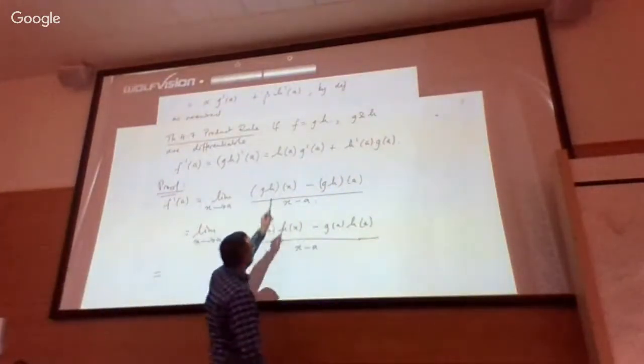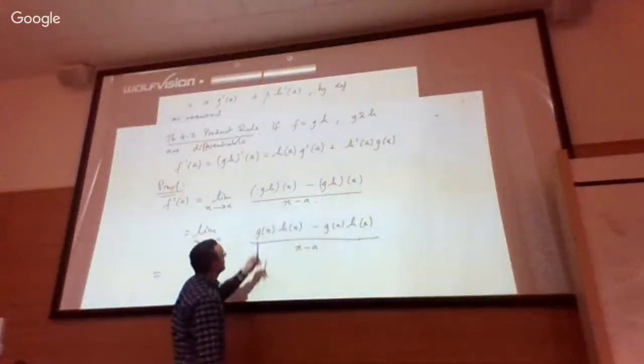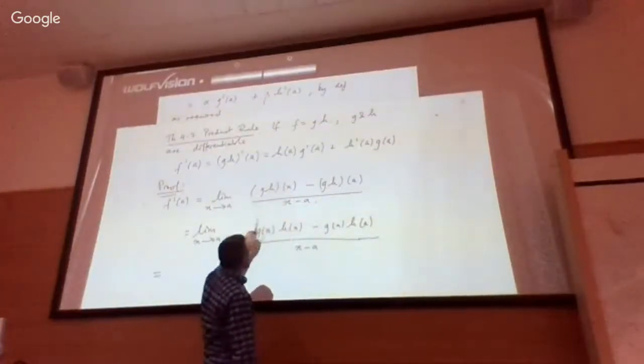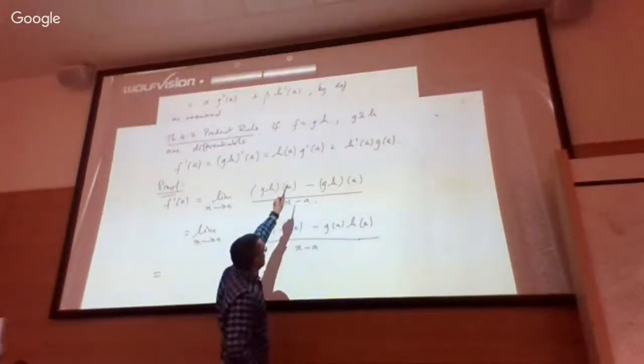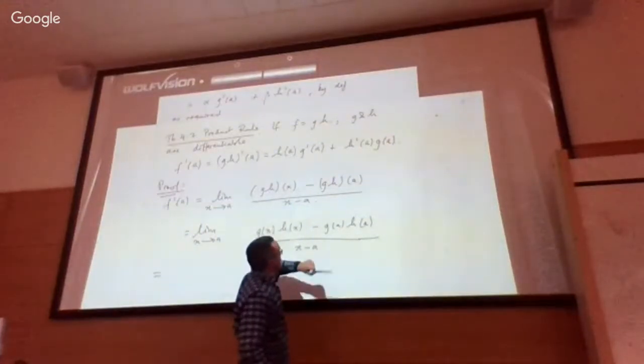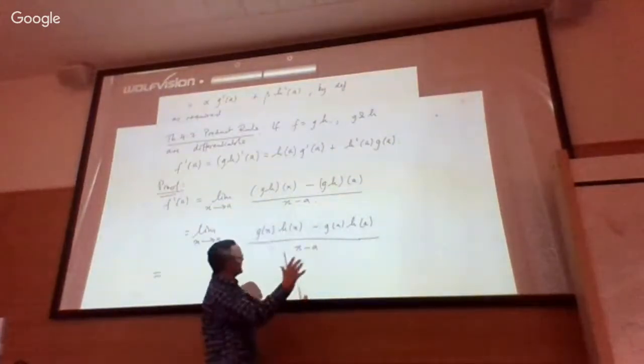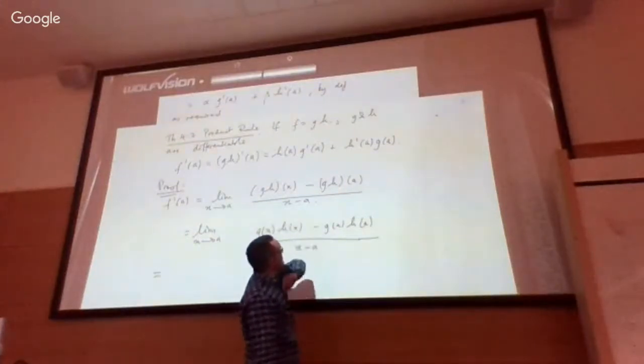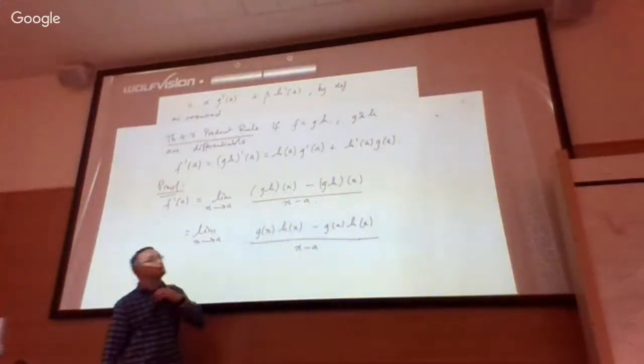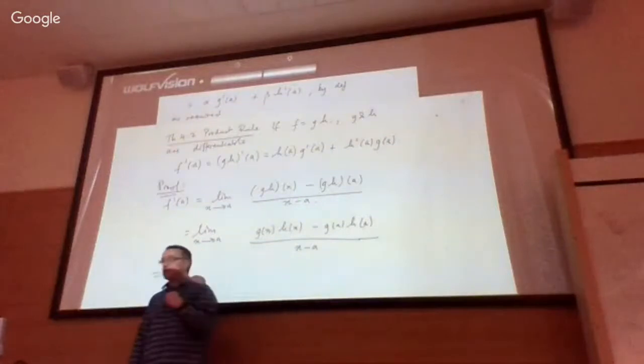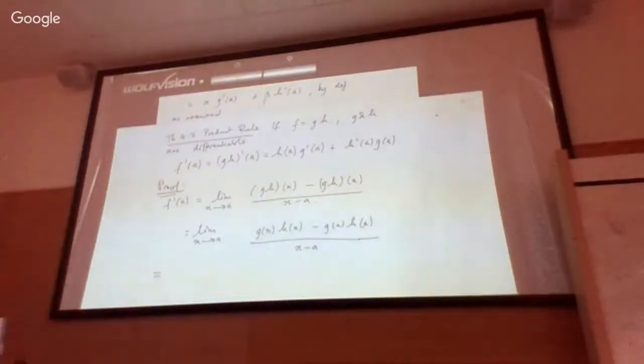But we do somehow want to isolate the difference, g of x minus g of a, because that's going to go into forming the derivative of g. And similarly, we want to isolate somehow the term h of x minus h of a, because that's going to go into producing the derivative of h at a. Okay, so we do want to separate them out somehow in the appropriate way. And so we just kind of go for it.